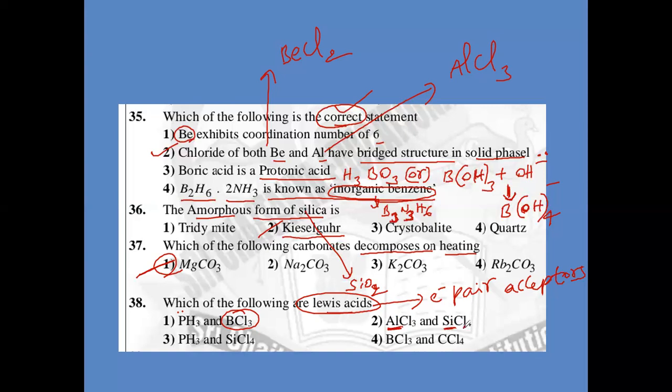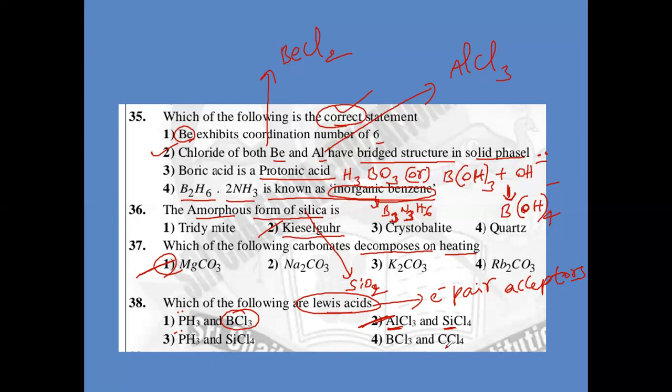And SiCl4 also, though it has 4 bonds, still has empty d orbitals present in the Si atom. That's why it is ready to accept an electron pair and will act as an electron pair acceptor. So AlCl3 and SiCl4 both will act as Lewis acids. Next, here again PH3 acts as a Lewis base, and BCl3 is a Lewis acid.